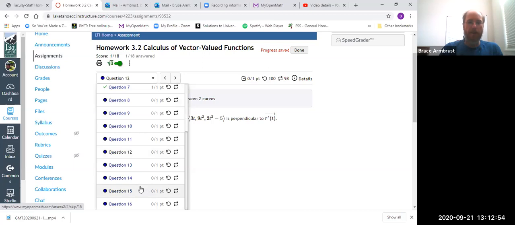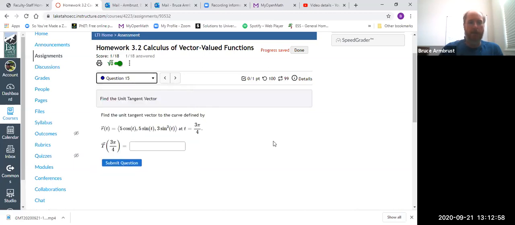All right, so then let's look at number 15. This one says we want to find the unit tangent vector to the curve defined by this at a given t value. Let's just start with, how do you find big T? How do you find the unit tangent vector?